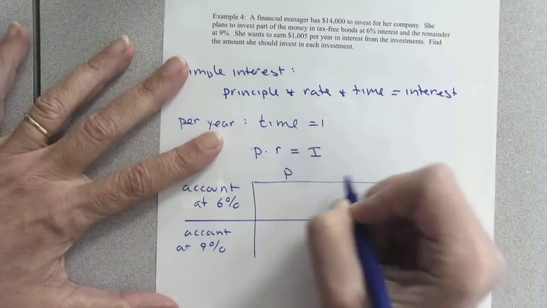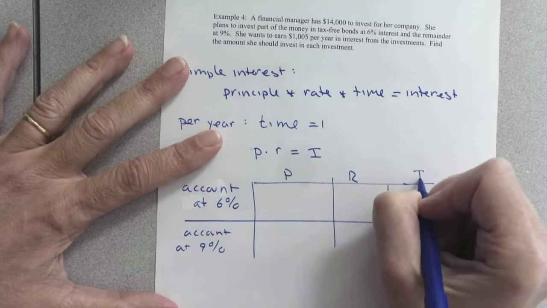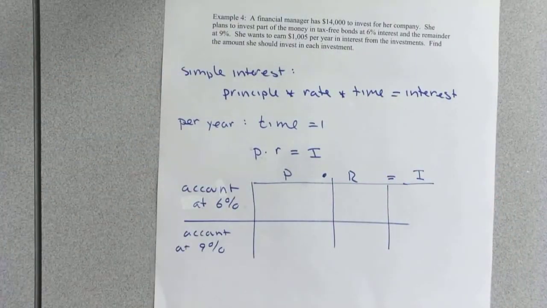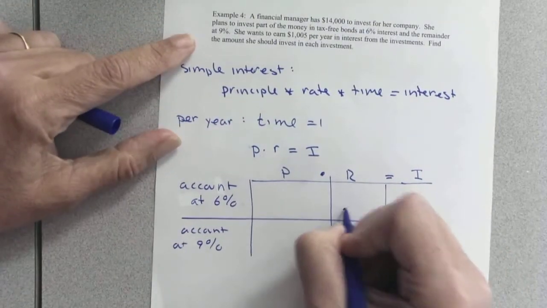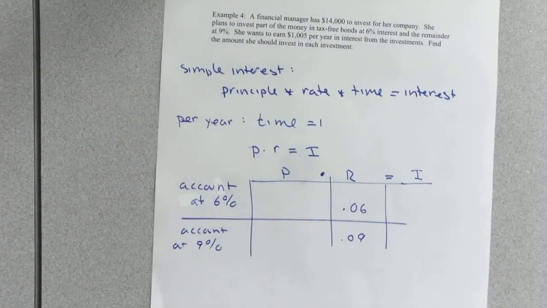Each account is going to have a principal, a rate, and an interest, where P times R gives me that interest. Okay, the rates are easy: 0.06, 0.09. There are my rates.